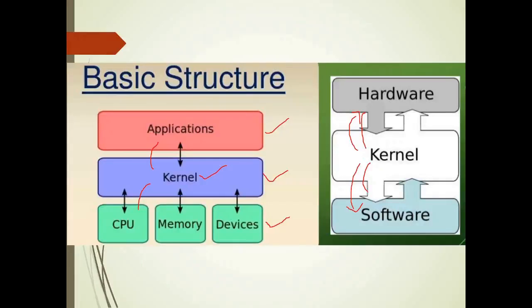We need to give the software permission to access those hardware components, and after clicking the photo, the app needs permission to save that photo in memory. Giving permission or controlling this authority is given to the kernel, because the kernel is between the hardware and the software. If any app needs to use the CPU, or wants to run in the background, or needs memory, all this will be handled through the kernel.